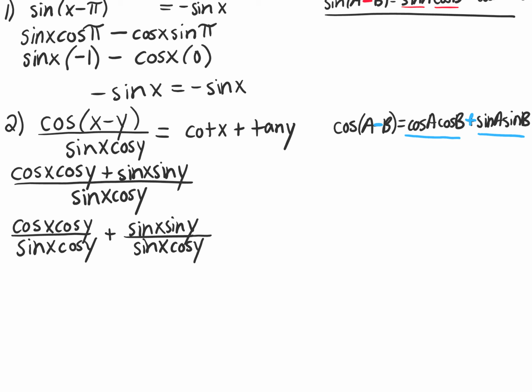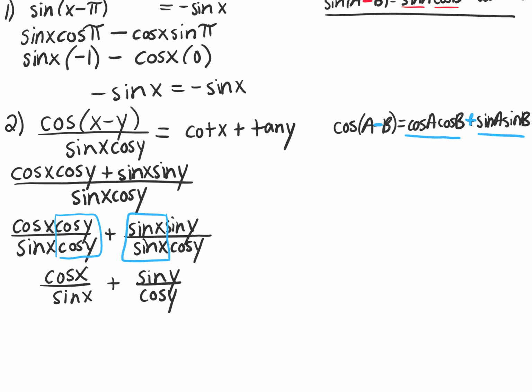So when I do my next simplifying, instead of using an identity first, I'm going to simplify and cancel out. I don't like crossing off, so I'm just going to box off what's canceling out here. I'll cancel out my cosine y's and my sine x's so that I'm left with cosine x over sine x plus sine y over cosine y.